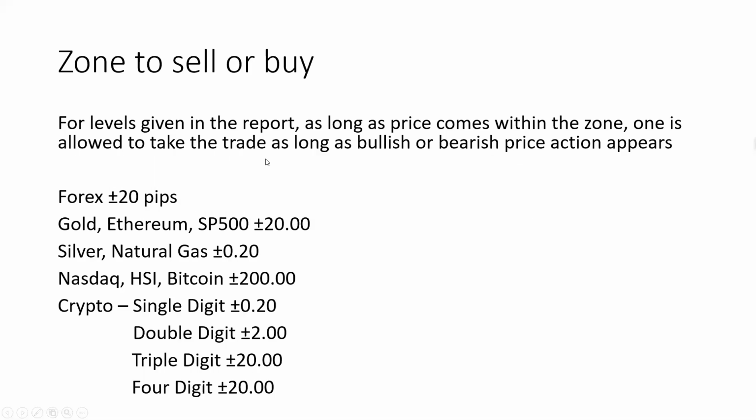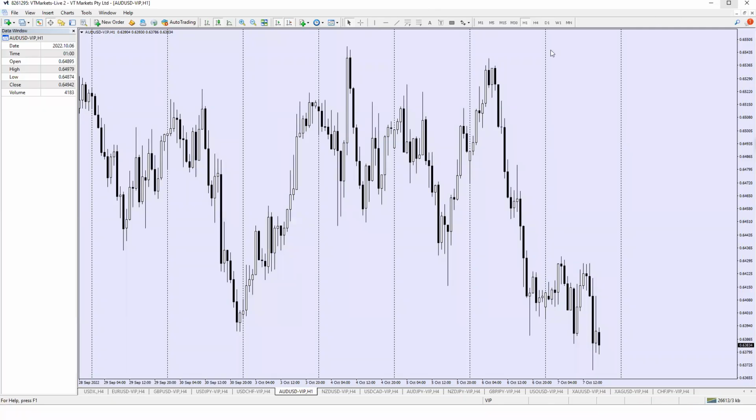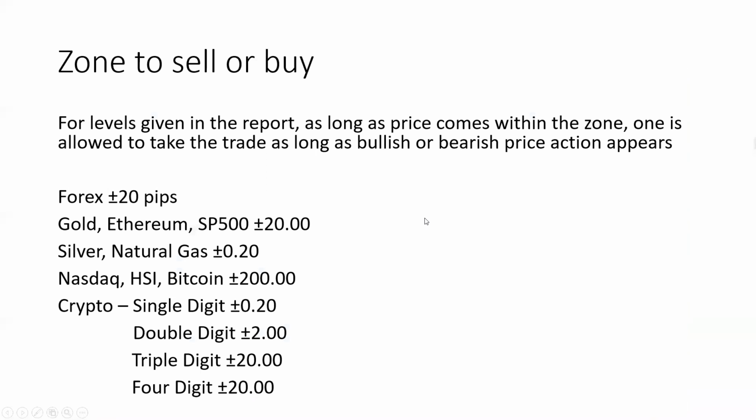And then, okay, so we have covered all the patterns already, right? Now this one is something important and I need you all to know. When we talk about areas, we are talking about zones. Whatever I give you might not come to exactly that area.